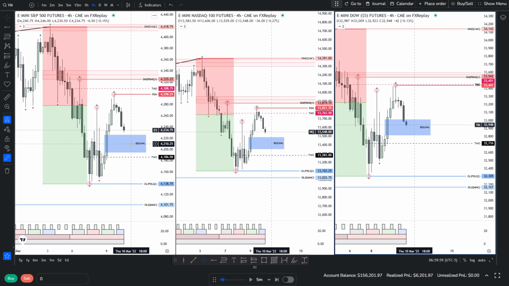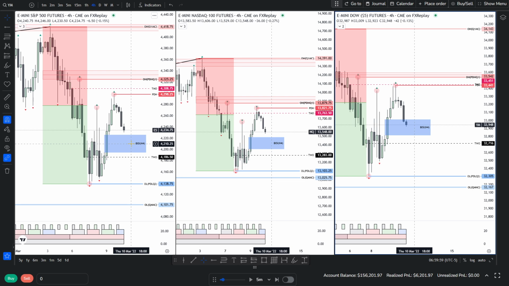Now, the problem that I'm having right now, well, not the problem that I'm personally having, but why I'm reluctant to engage in anything: to me, there's no near-term high time frame framework. And because of that, I'm reluctant to engage the market.